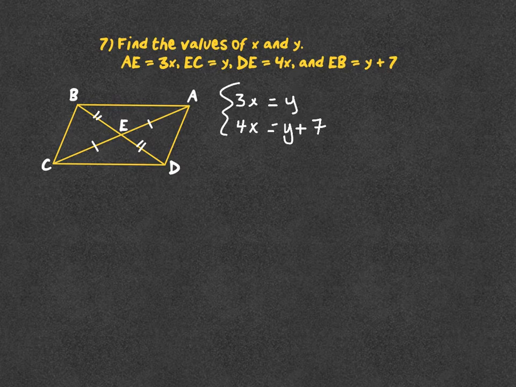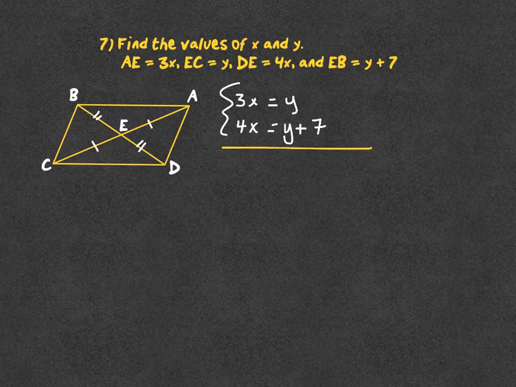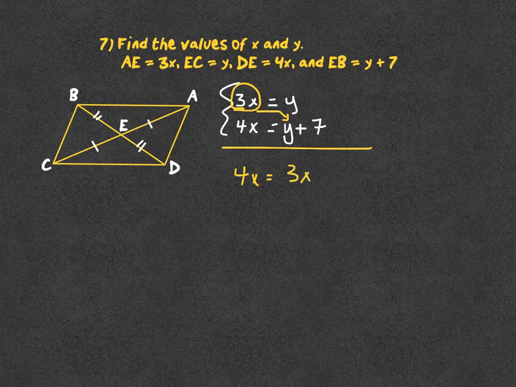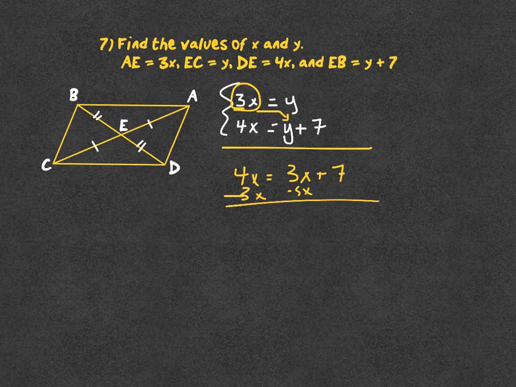Now we have our system set up. So we can solve by substitution and put the 3x in for the y. So we have 4x equals 3x plus 7. Subtract the 3x over, and you have x equals 7.